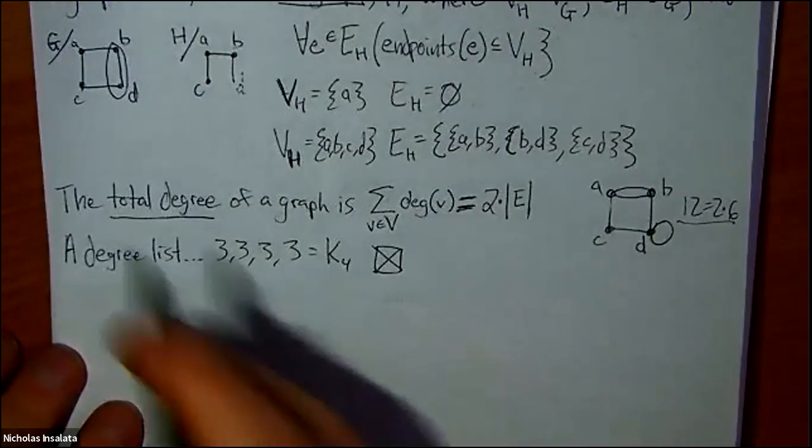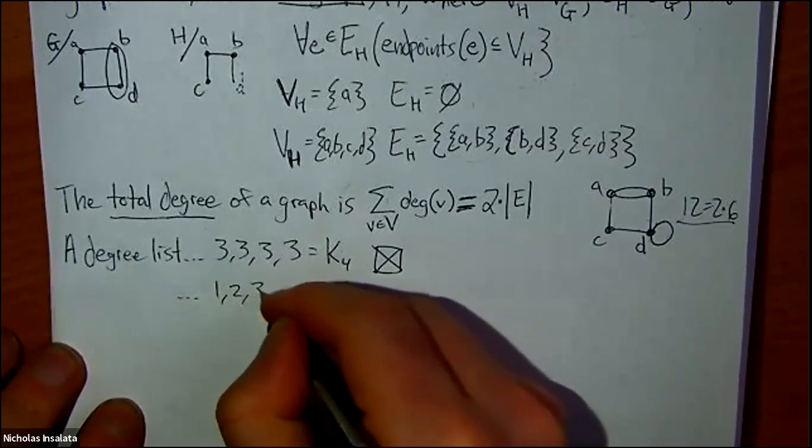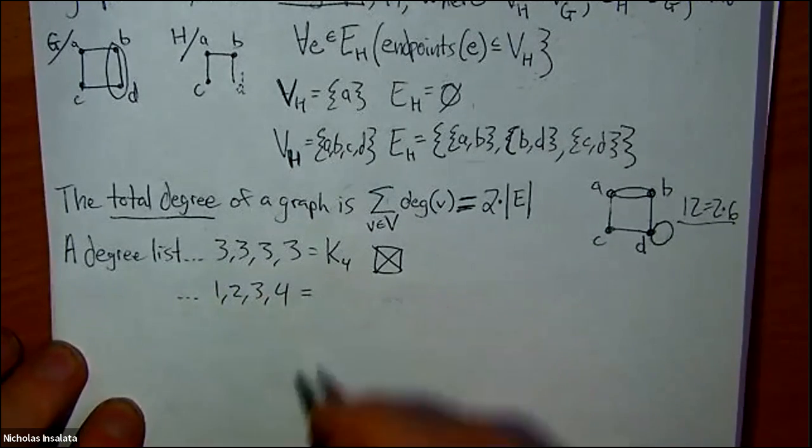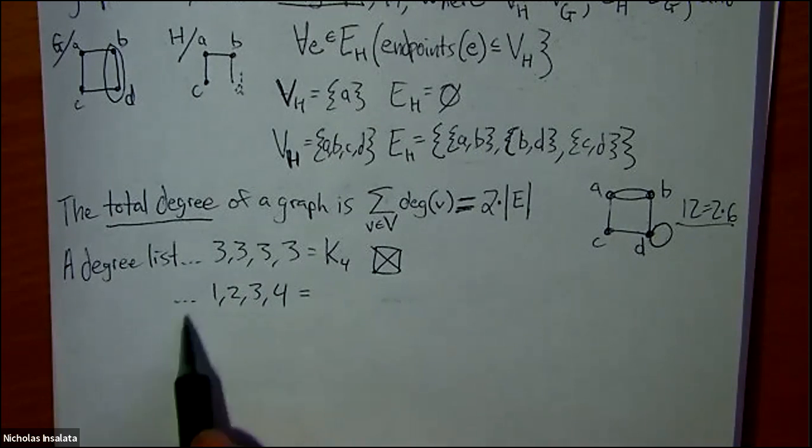Well, what if I had this degree list? Can I draw that? It's not going to be a complete graph at this point. I can. Okay, how's it going to look? So first of all, do I just have 4 vertices? Is that right?